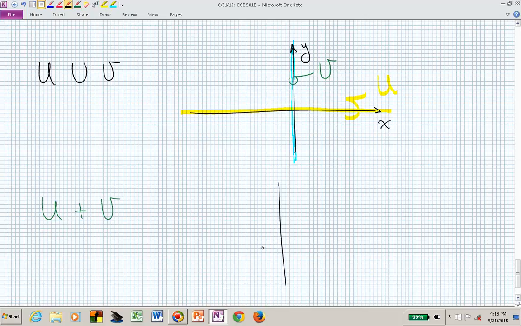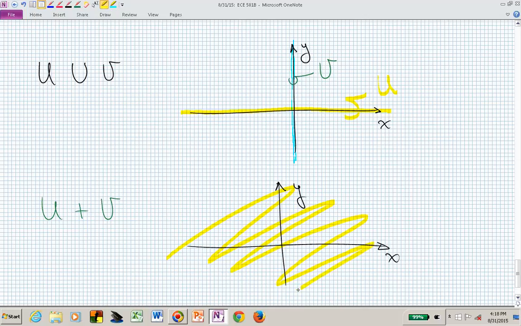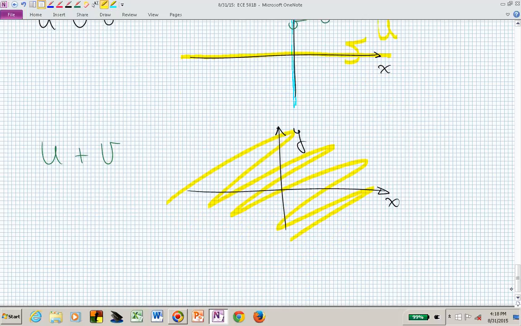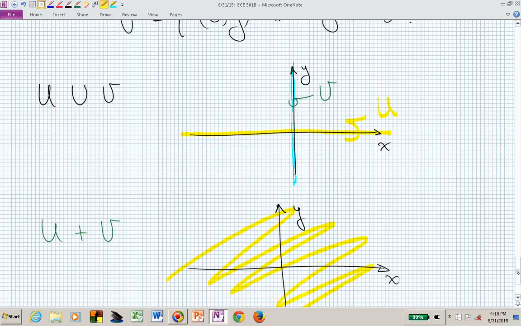Now if we look at x and y, is it clear that in the sum I can get anywhere in x and y, which is different from taking the union of U with V?